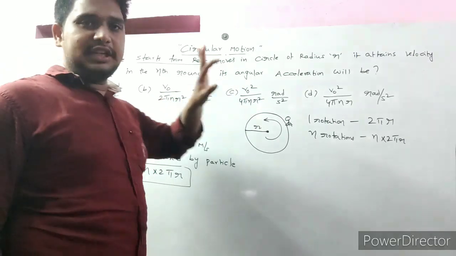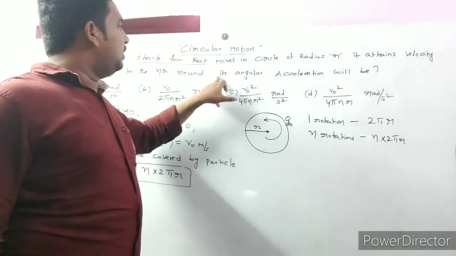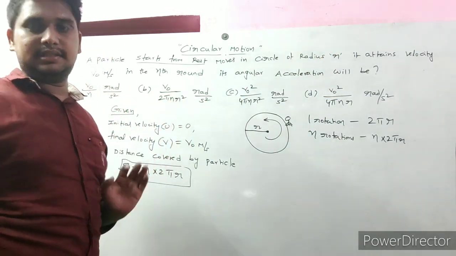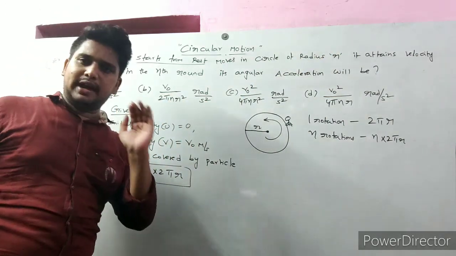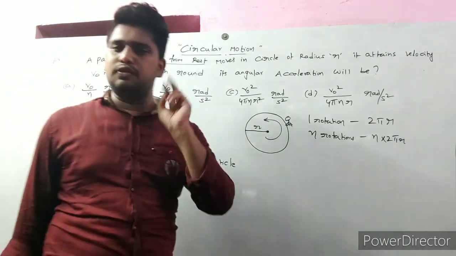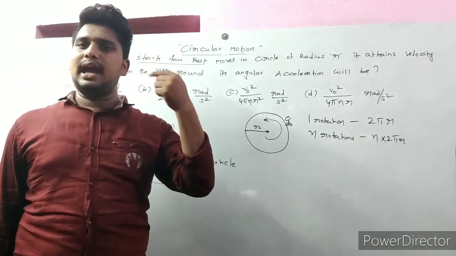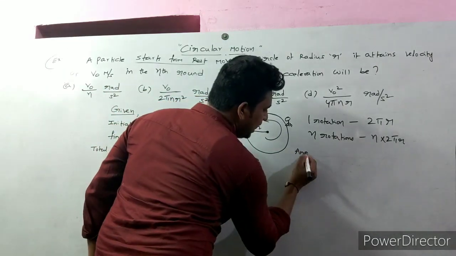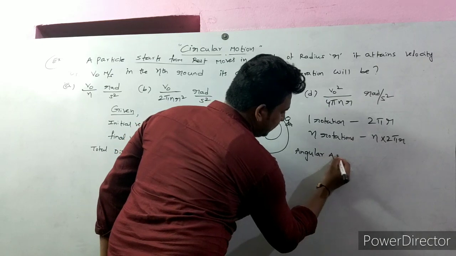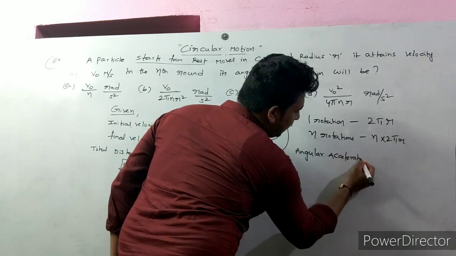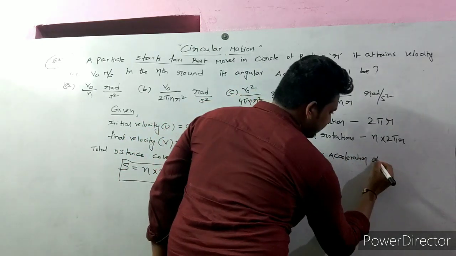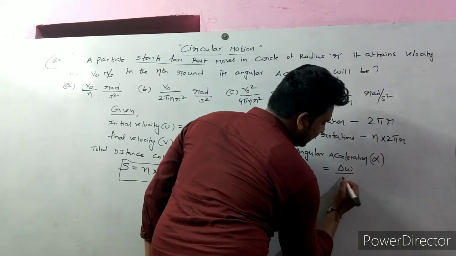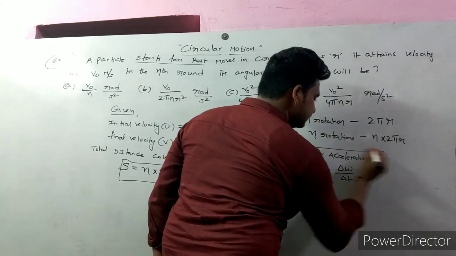Next, what do we need to find in this question? We need to find the angular acceleration. For finding angular acceleration, we have two formulas. One is change in angular velocity by change in time: angular acceleration, indicated with alpha, is equal to change in angular velocity by change in time.